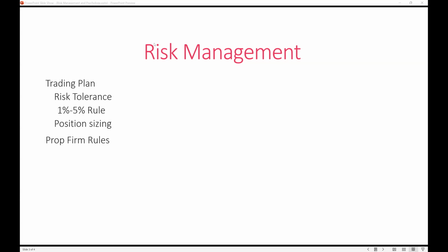So trading plans can be different for everybody. You guys are going to craft your own. If you have certain traders that you respect that are successful, you can ask them about their trading plan. Some have written it down, some don't. That's their own prerogative. But on risk tolerance, if you want to speak to something specifically, the 1 to 5% rule, by all means, go ahead on that.